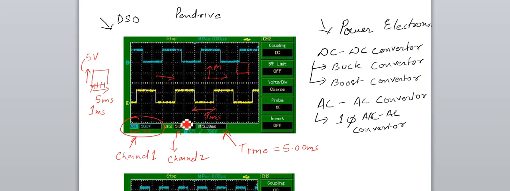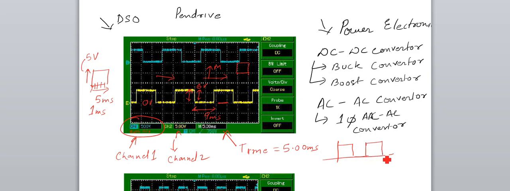For the height, considering this as 0, it is more than one square of 5 volt, so you can expect it to be almost 6 volt. This is how you draw the square shaped waveform.